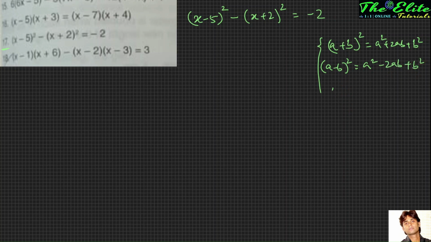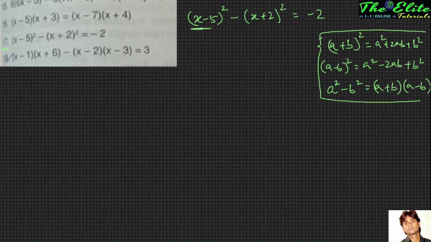One more thing was a square minus b square is equal to a plus b into a minus b. So these algebraic identities are very, very important.